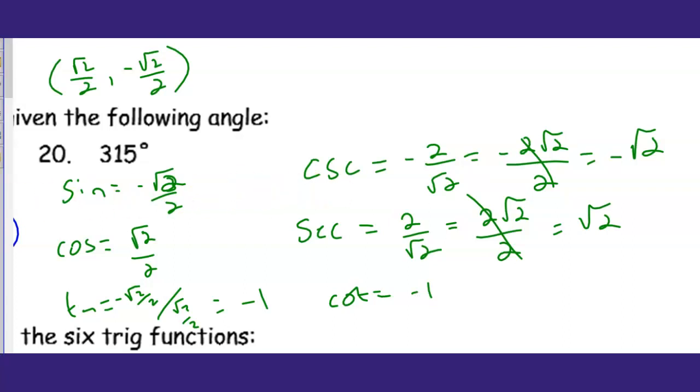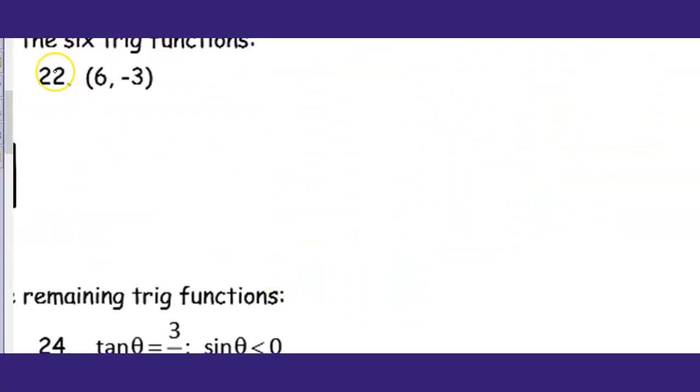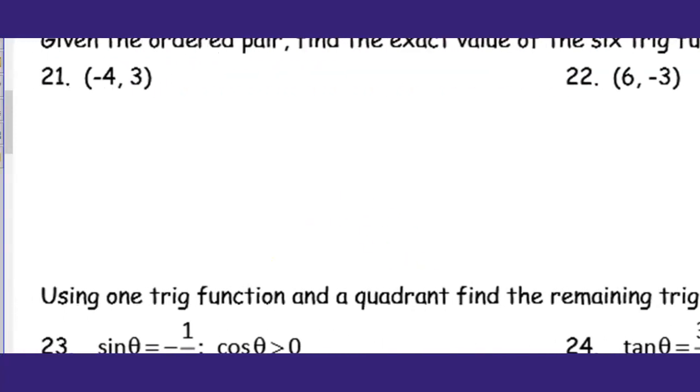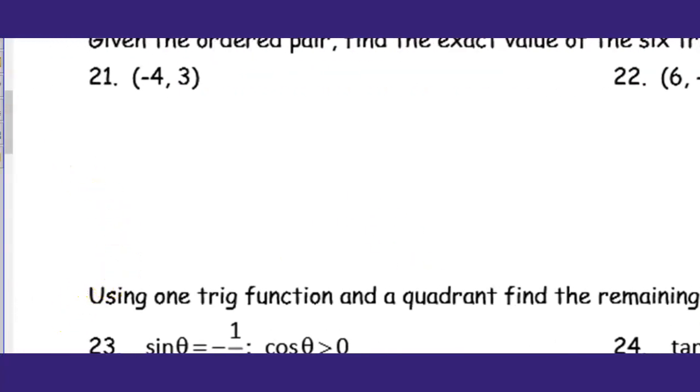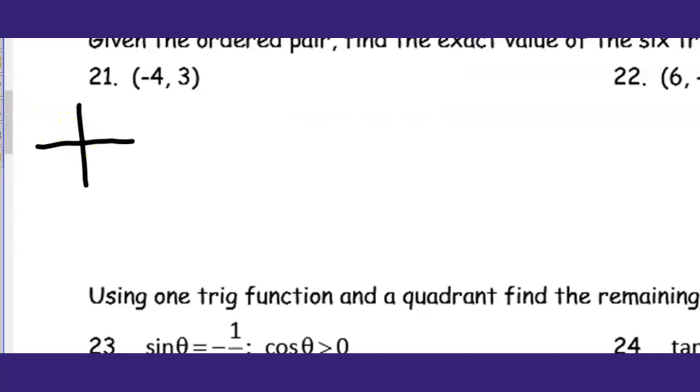All right. Now, for 21 and 22, we're going to find the 6 trig identities. Except this time, guys, this is a point. All right. This point right here, -x, +y, is in the second quadrant. So I'm going to make my triangle real quick in the second quadrant.